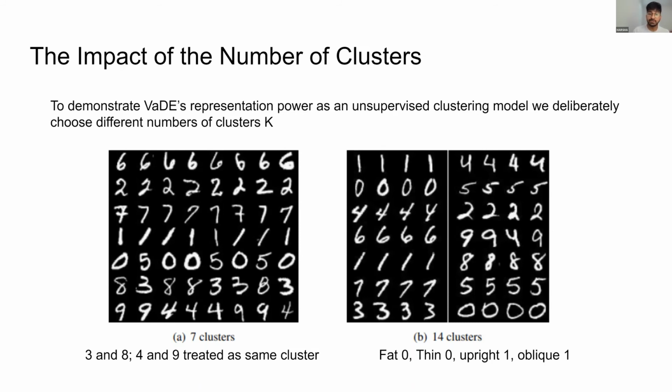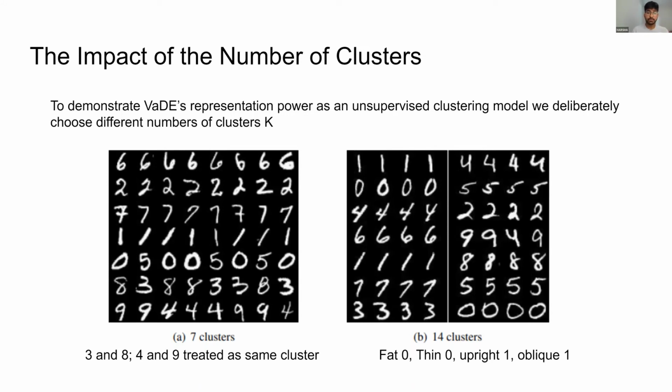But if we give 7 as the K value, as you can see in the left figure, the last 2 rows are kind of messed up. The 8 and the 3 are organized in the same row, because 3 and 8 look pretty similar. And the 9 and 4 look a little bit similar, so that's why they are in the same row.